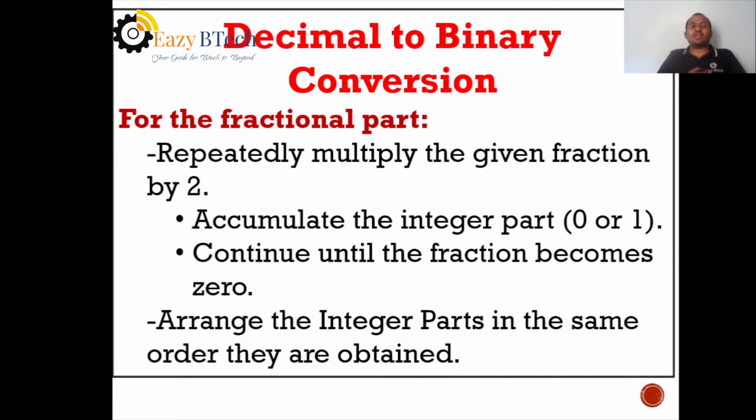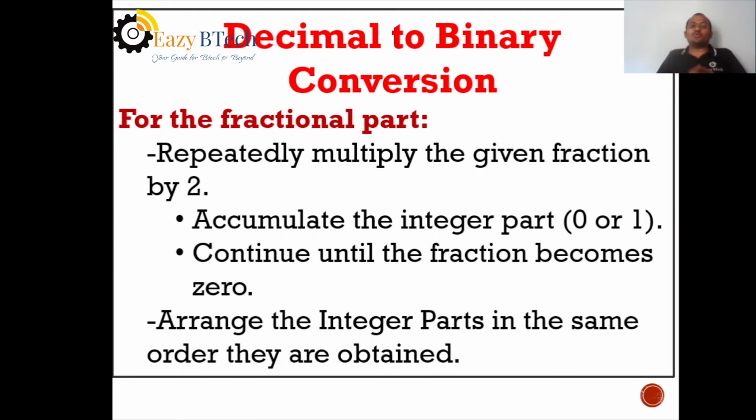Coming to the fractional part, it is just the opposite. For the integer part we are dividing the given decimal number, whereas for the fractional part we have to multiply the given fraction by 2 and accumulate the integer part. If you multiply the fractional part, we will get an integer part as well as a fractional part.